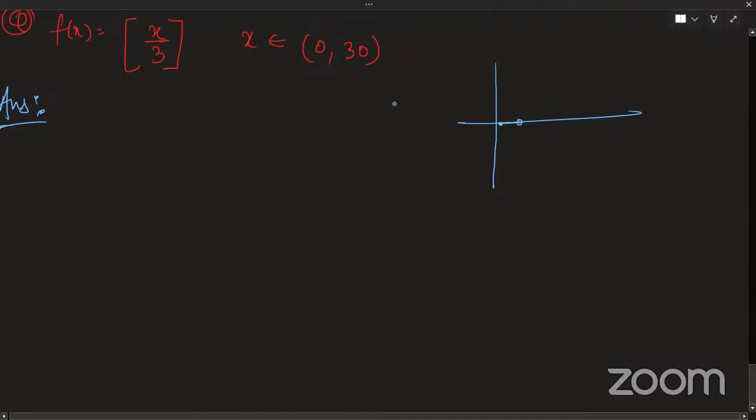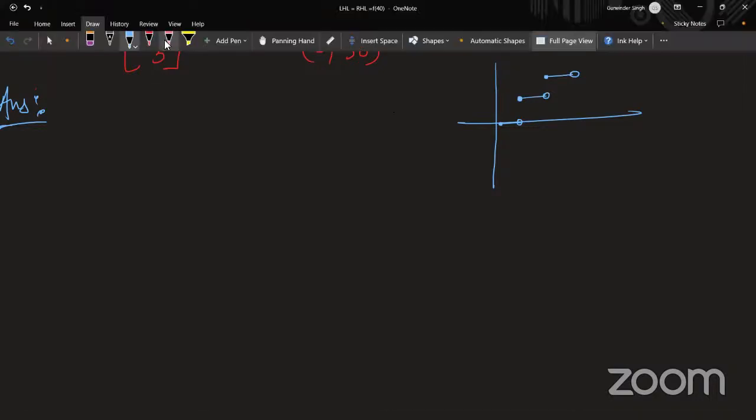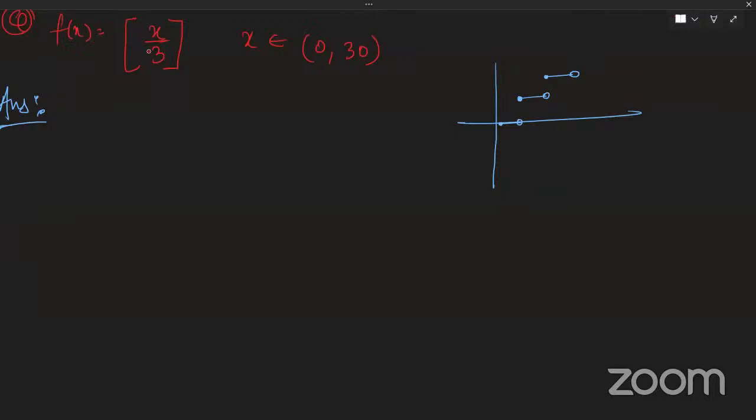The immediately next number after 0 is not 1. Right? It is 0.0000 something like 1. Do you all agree? Yes, sir.